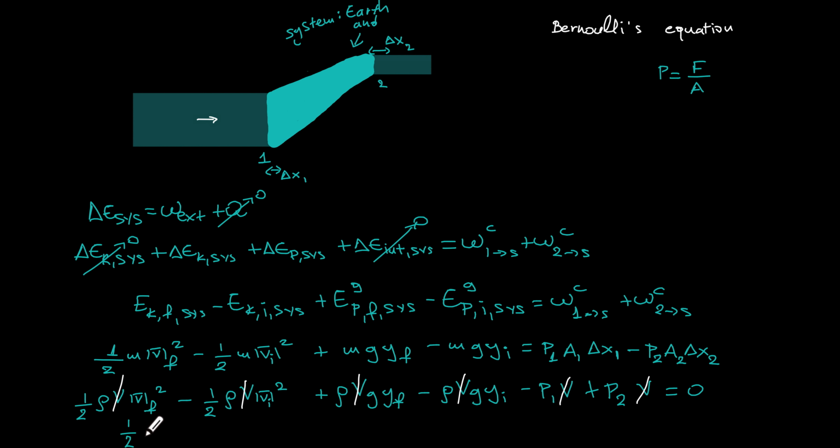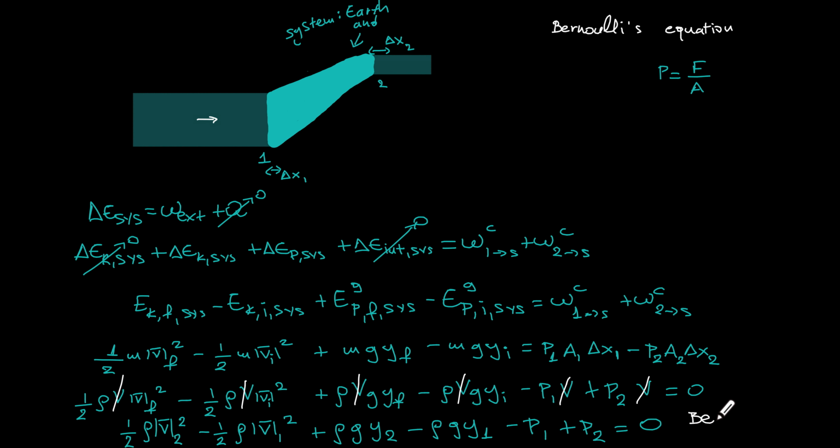So this will make it 1/2 the density times the speed at 2 squared minus 1/2 the density times the speed at 1 squared plus the density g y at 2 minus the density g y at 1 minus the pressure at 1 plus the pressure at 2, and that is equal to 0. This is Bernoulli's equation.